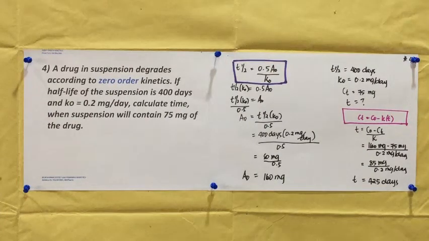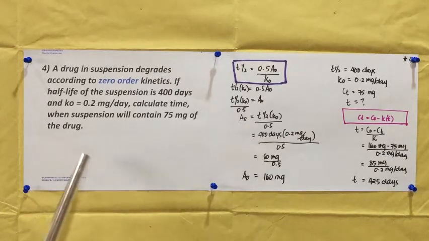Problem number 4. A drug in suspension degrades according to zero-order kinetics. If the half-life of the suspension is 400 days and KO is equivalent to 0.2 mg per day, calculate the time when the suspension will contain 75 mg of the drug.